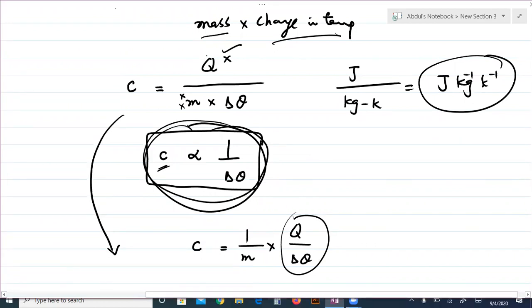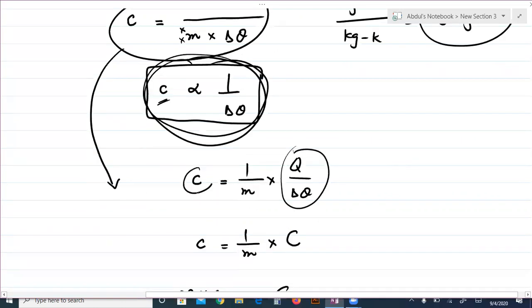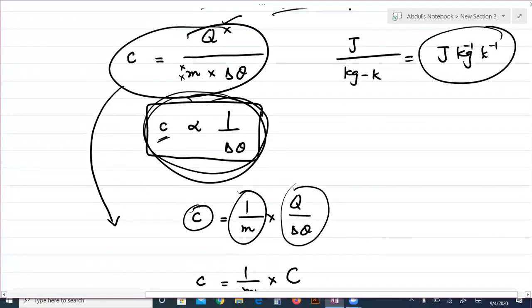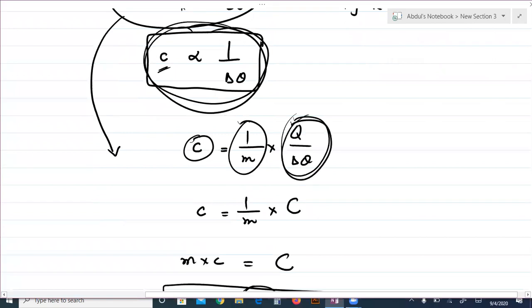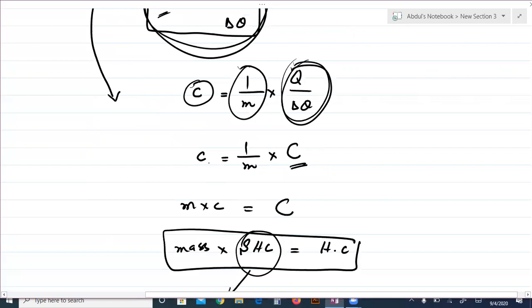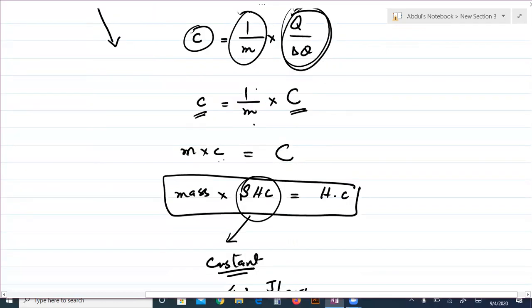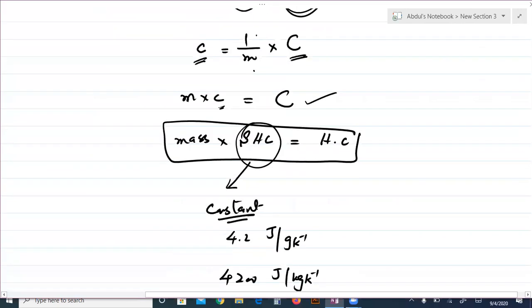But when this formula is written like this, specific heat capacity is 1 over m times Q divided by delta theta. So this Q divided by delta theta is heat capacity. So the relation is specific heat capacity equals 1 over mass times heat capacity, meaning mass multiplied by specific heat capacity is equal to the heat capacity.